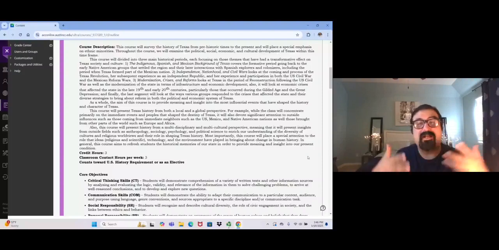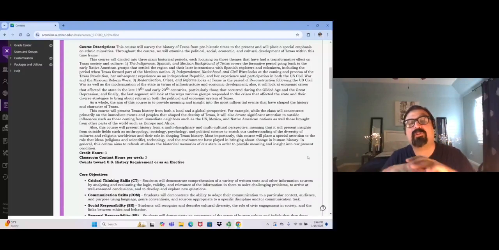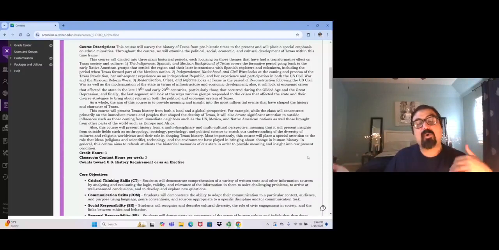Most of the changes that really affected Texas from 1821 to 1836 have to do with an open door policy that the liberal government of Mexico enacted very early on in the 1820s with the United States, allowing settlers from the United States to come into Texas to colonize it.